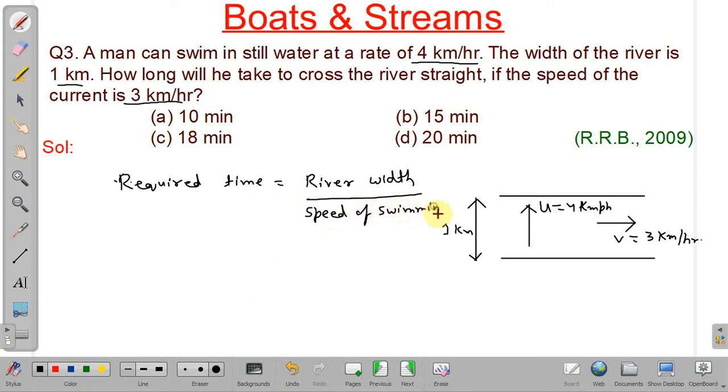Now it will be 1 kilometer divided by 4 kilometer per hour. So it will be 1 by 4 hour, and if we multiply by 60, then we will get it in minutes. So it is 15 minutes. So our answer will be option number B. We will discuss the next problem.